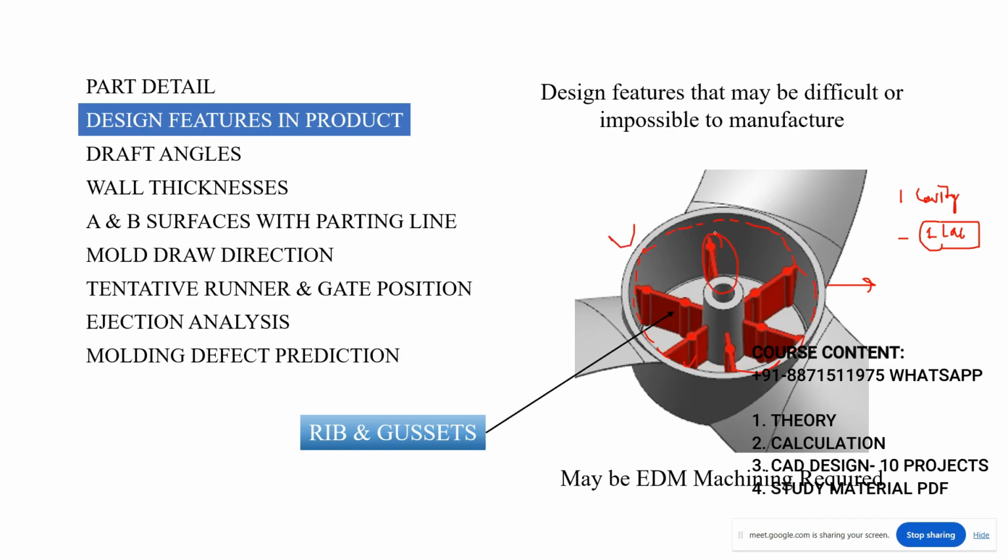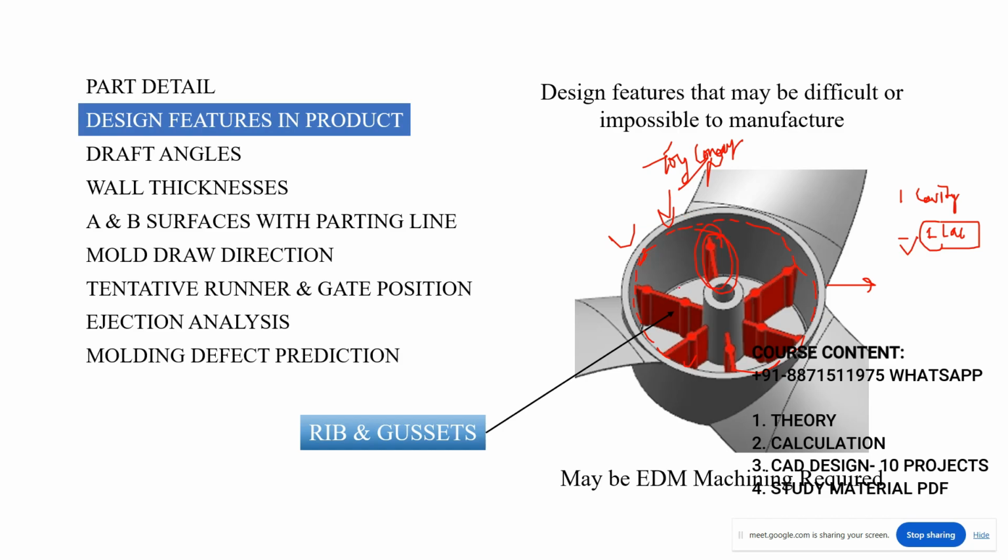For example, this dimension is not critical for us and for the customer also. So there is no requirement for the rib or gusset if the dimension is not critical for the customer. For example, this is a toy component, a toy part, just for an example. Right or wrong? And the customer has a budget of about 1 lakh.